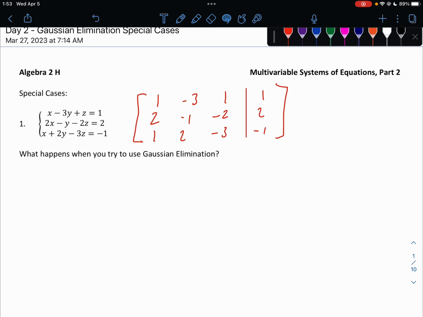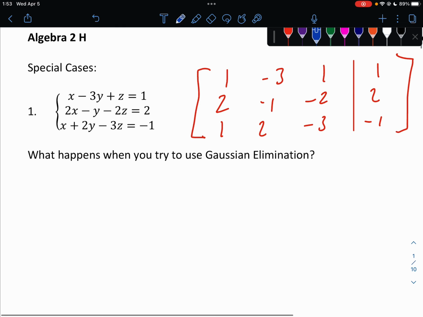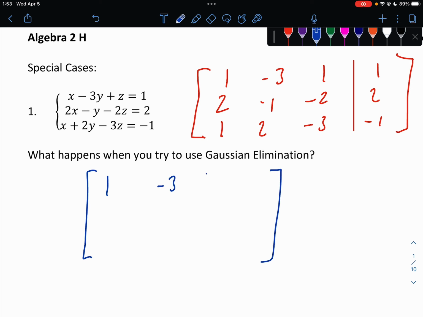of numbers, of coefficients. All right, now if I want to start eliminating that, let's start by eliminating the x's, right? So copy down my first row here.